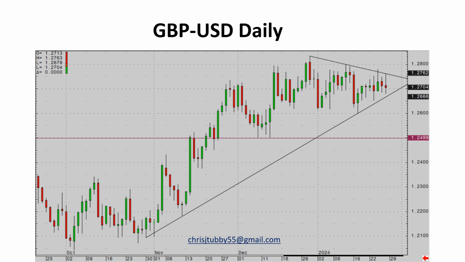Pound against the dollar, I'm seeing some resistance around 127.62, support at 126.66, and then much lower down at 124.99. Again, there's potential for some big moves with the unemployment data coming out from the US this week.